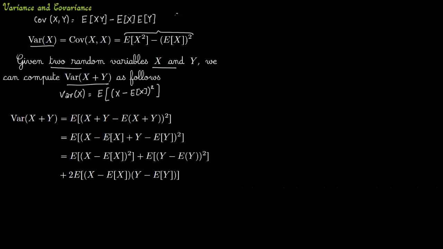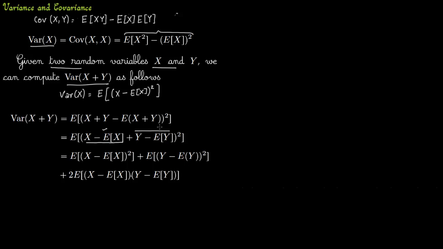This becomes x minus expectation of x plus y minus expectation of y, and there is a square here. So you square the first term, you square the second term, and then you have 2 times, since 2 is a constant, it comes out, expectation of x minus expectation of x times y minus expectation of y.